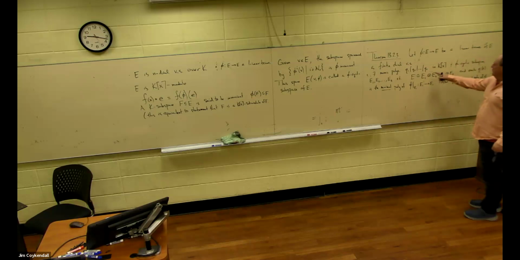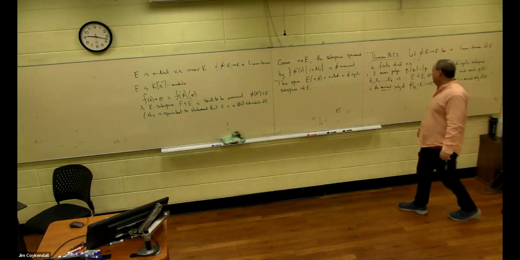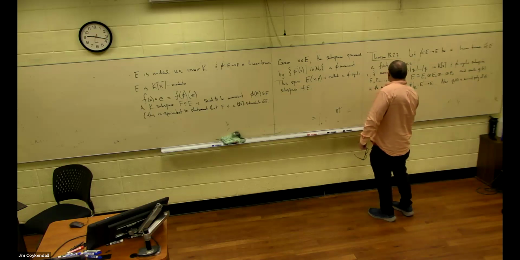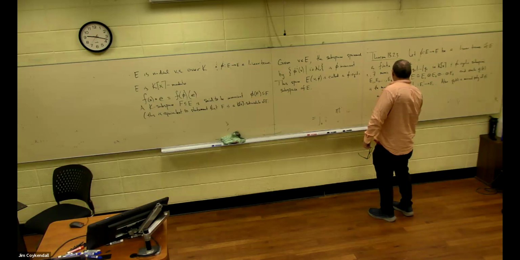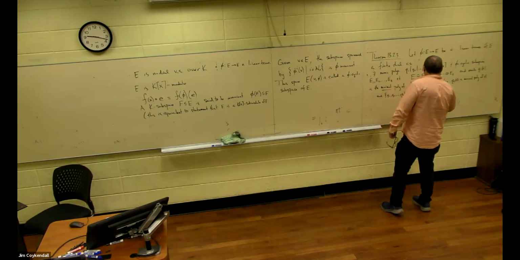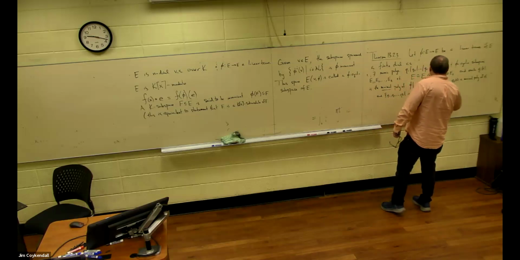In a certain sense, q_t is the largest one, the minimal polynomial of phi. And the sequence q_1, q_2, up to q_t is uniquely determined by phi and E.